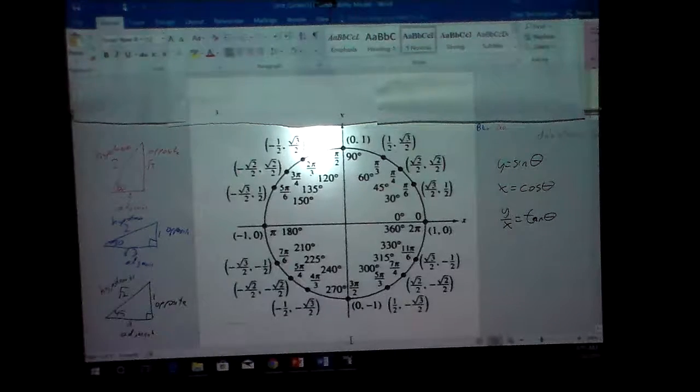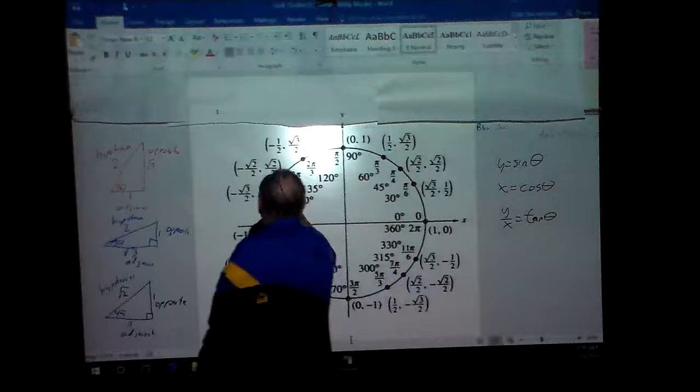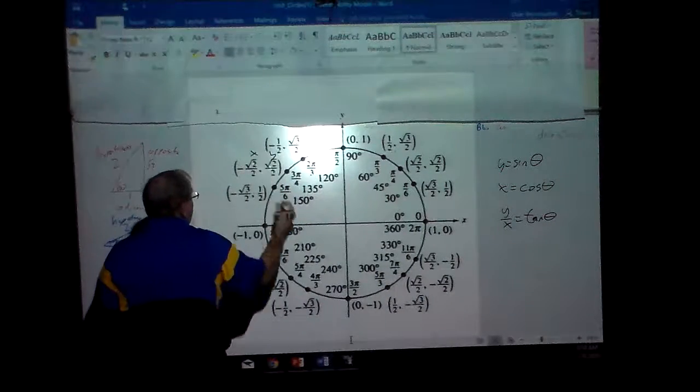Now the next one is tangent of 3 pi over 4, so we can stay right there. Tangent at 3 pi over 4 is y over x. So what I'm going to do on this particular one is take the y value over the x value.